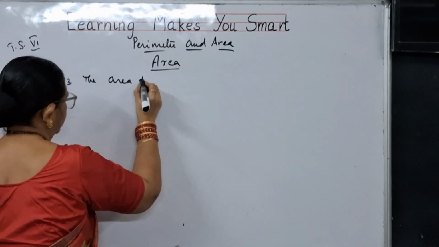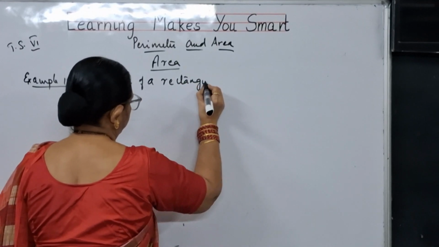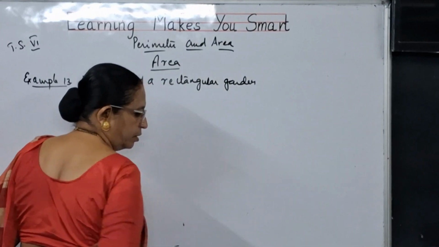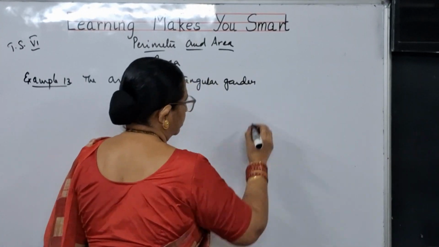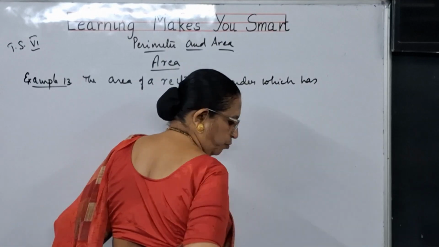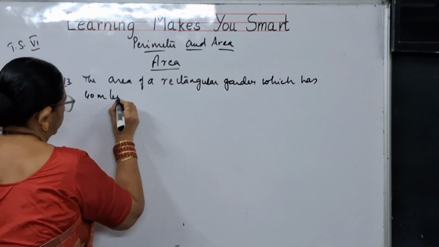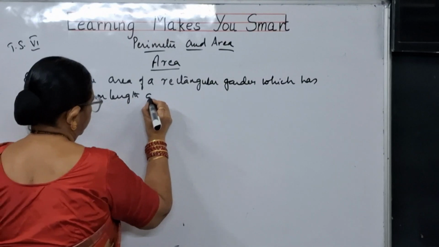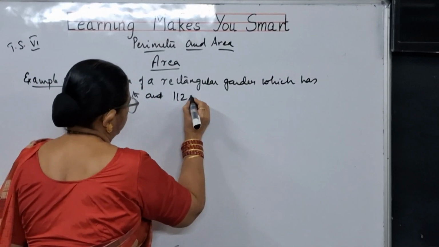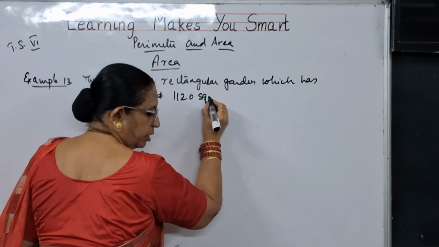The area of a rectangular garden which has 40 meters length is 1120 square meters.